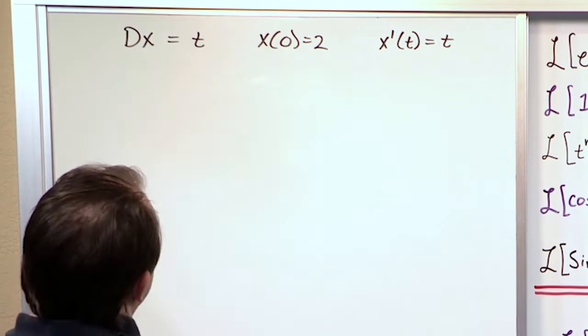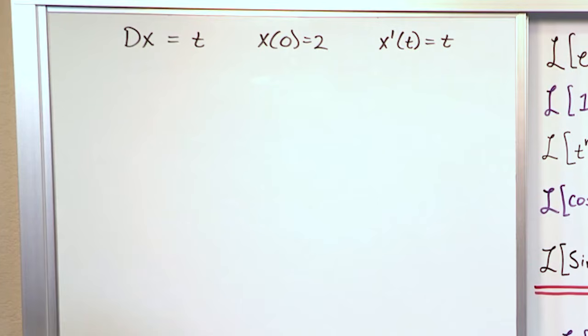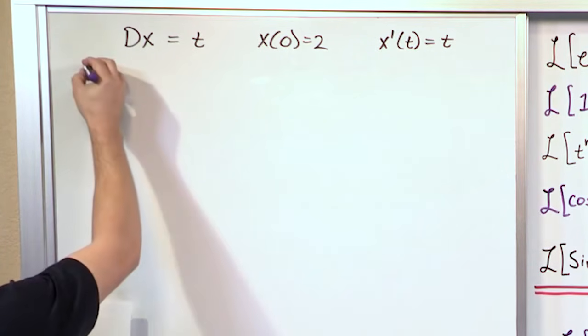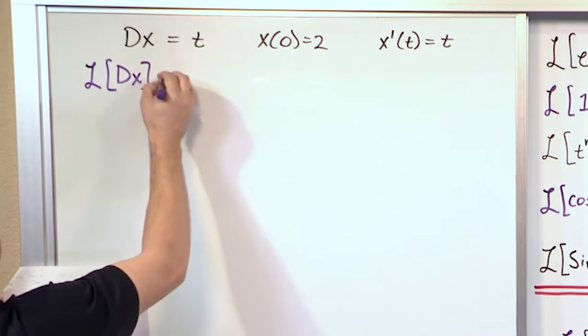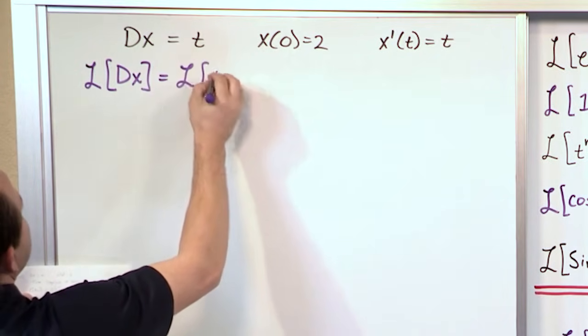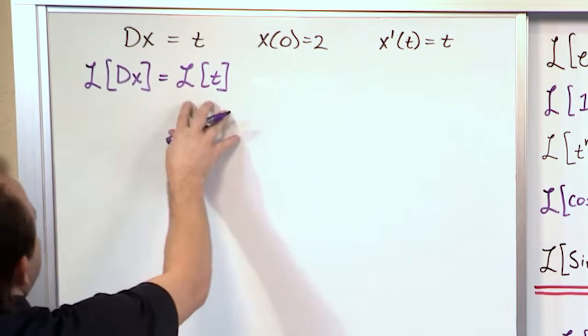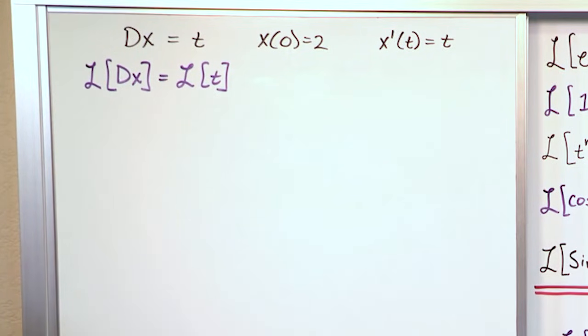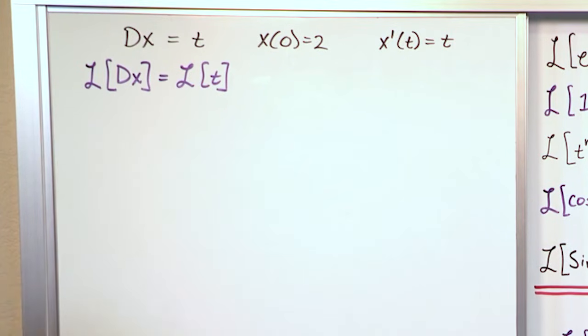So let's not integrate both sides. Let's instead take the Laplace transform of both sides of this differential equation. So the way you write that is you say Laplace transform dx is equal to the Laplace transform of t. So you literally are taking the Laplace transform of this side and the Laplace transform of the right-hand side. Now we know how to handle it when we take a Laplace transform of a first derivative.